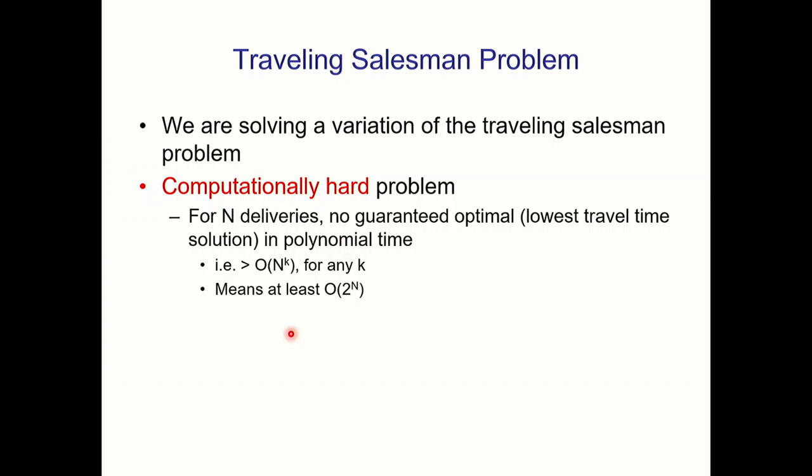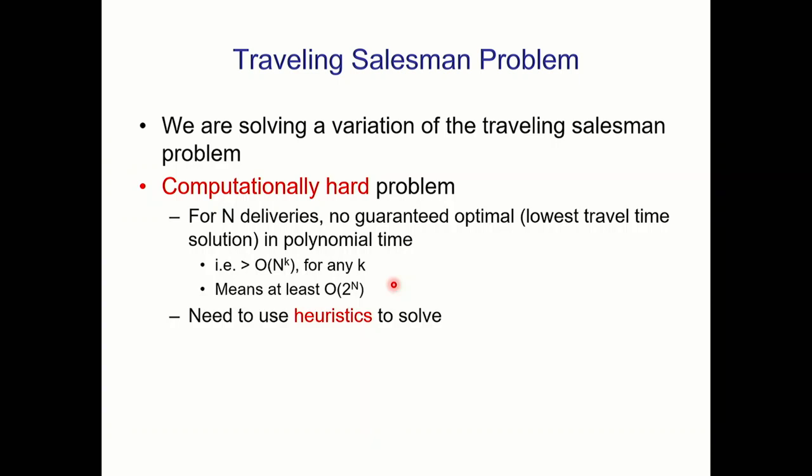This means that at least we are going to find a solution in 2 to the n time, okay? And this gets very big. So whenever you increase n by 1, your computational complexity is going to double, right? Because this is an exponential complexity. So we need what we call heuristics in order to solve these problems.